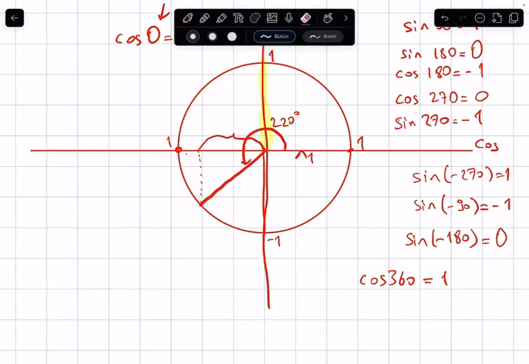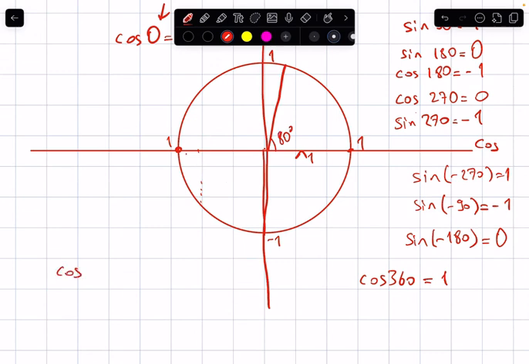I'm just guessing right now. Then, let's draw, for example, say this is 80 degrees, okay? Now, cosine 80. So it's like 0.1 maybe. It's positive, right? I'm just looking at the distance.